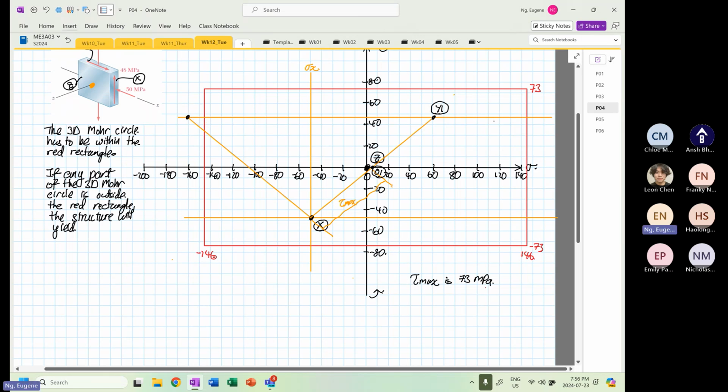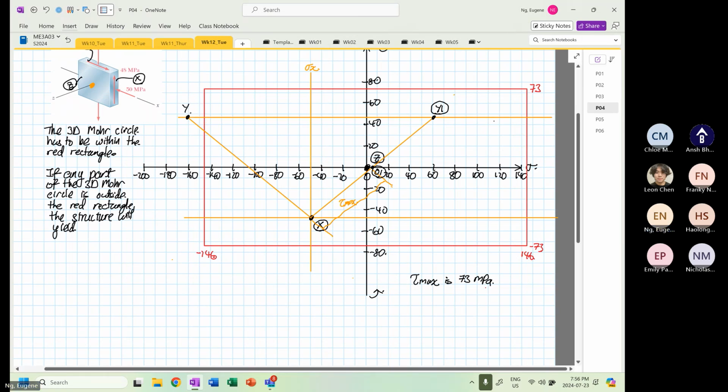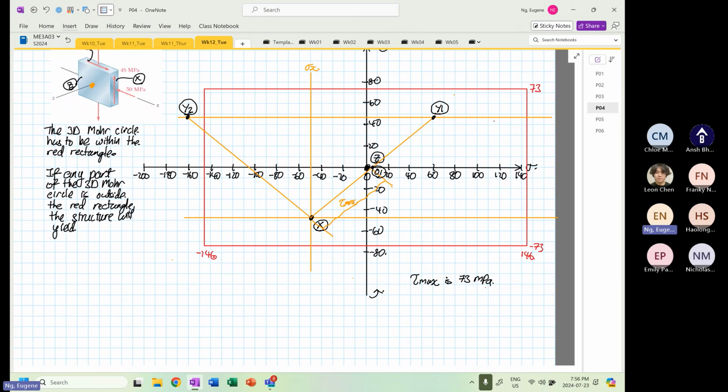Sorry, I'm going to call this Y2. Already now you see Y2 is outside the box, so when we calculate Y2, that value is not possible because it's outside the red box.